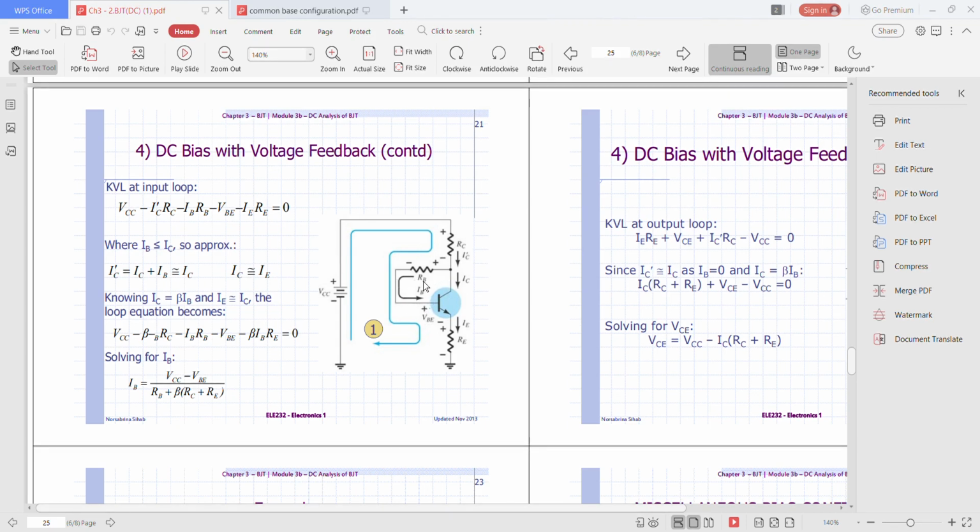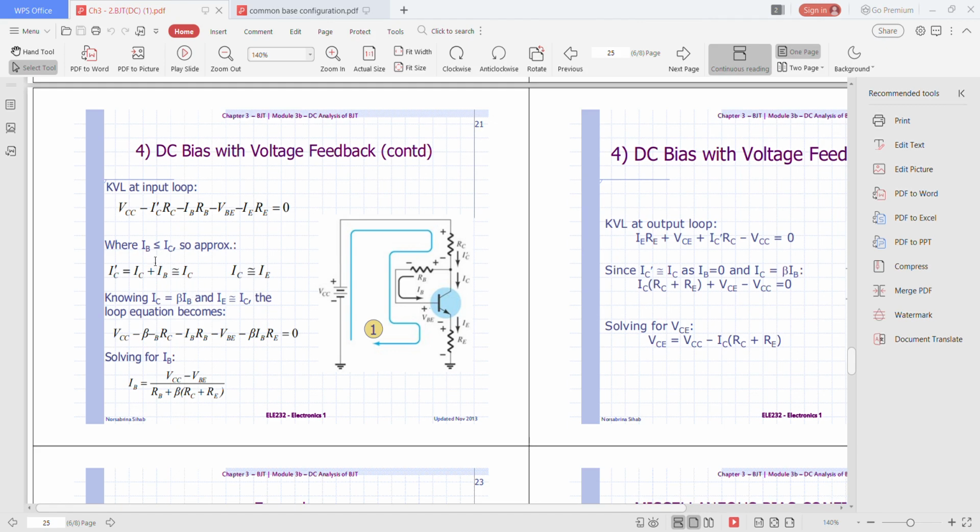Looking back at the equation, IB is much less than IC. So I'C equals IC plus IB is approximately IC.